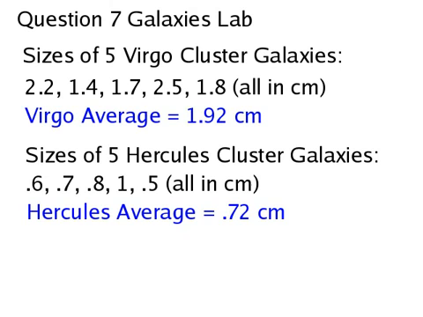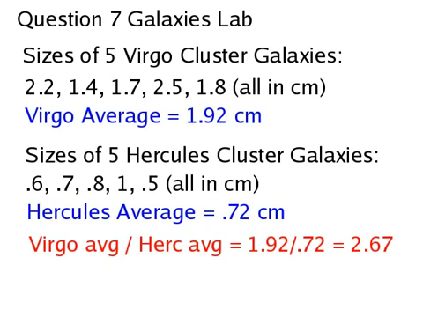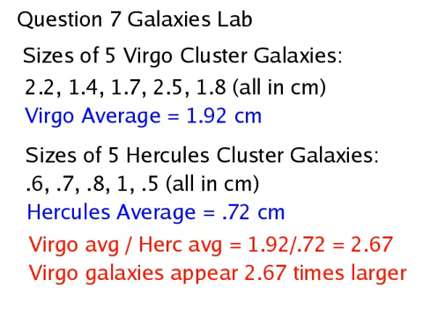Let me just round it because I'm running out of space here: 2.67. So that means that on average, the Virgo galaxies appear 2.67 times larger than the Hercules galaxies.